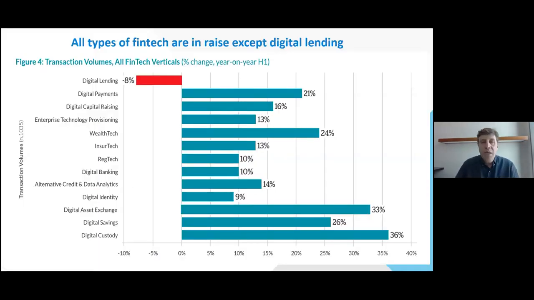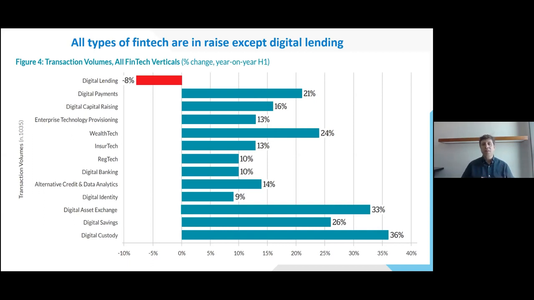Here you see all the transaction volumes, all types of fintech are on the rise, except digital lending. There's a typo here. Digital lending is declining. Probably it might be because of regulatory issues, or because the creditors might consider the lending more credit risky, or consider the people more credit risky during COVID-19.